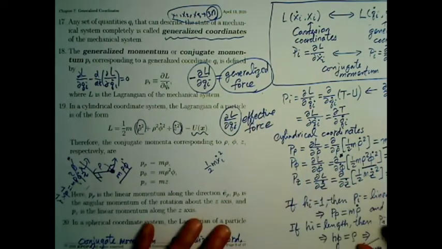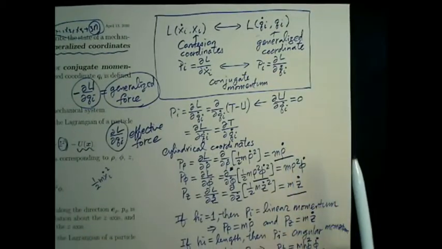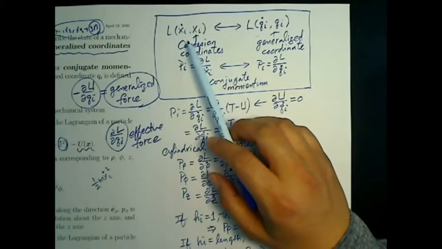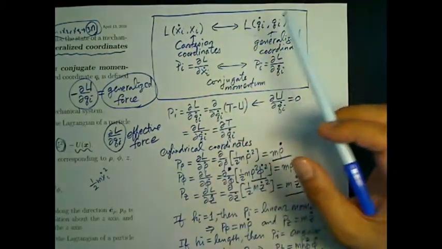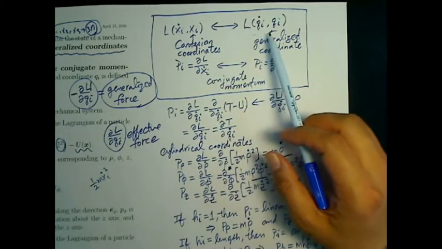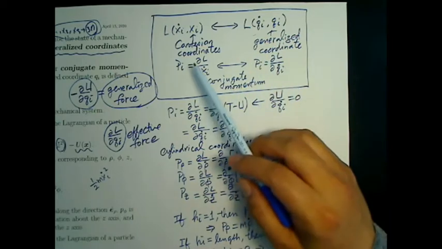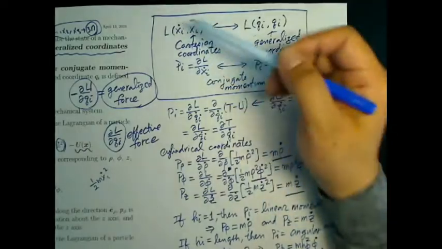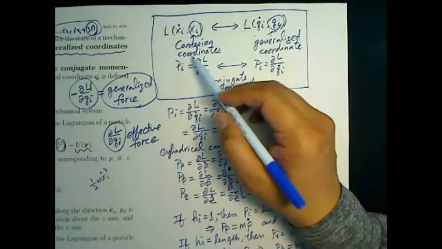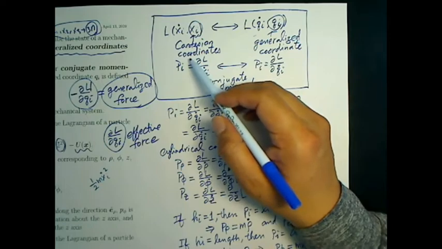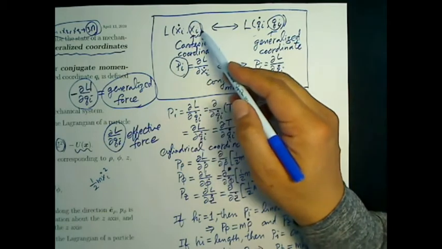In summary, we looked into the Lagrangian in the Cartesian coordinates and the Lagrangian in the generalized coordinates. For each coordinate, we have a generalized momentum or conjugate momentum corresponding to this coordinate.